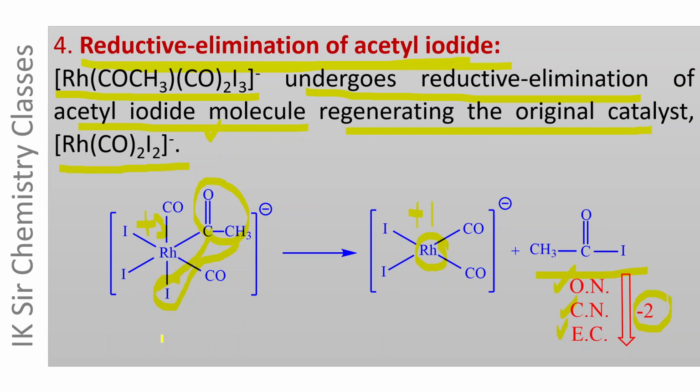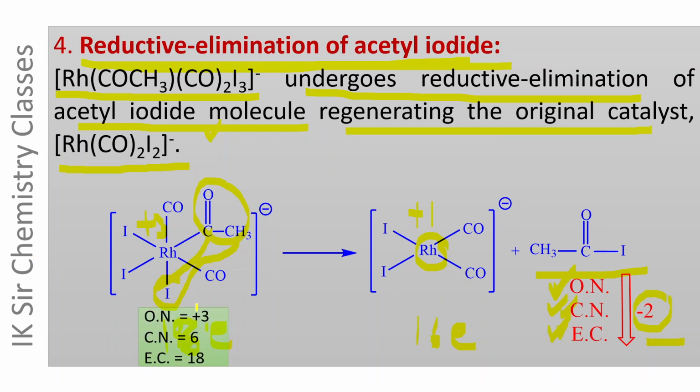The electron count is 18 here in the reactant, but the electron count in the product is 16. Thus, we see that the oxidation number, coordination number, and electron count of the CMI all decrease by 2 units, and this is the characteristic feature of reductive elimination reaction.